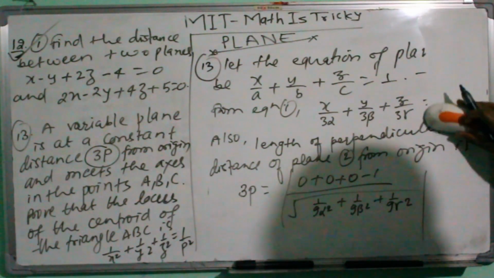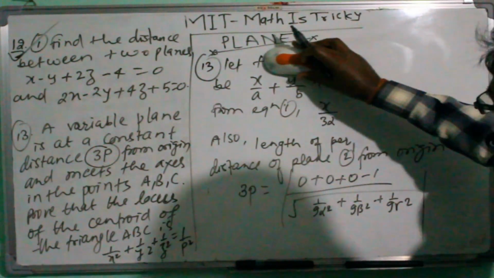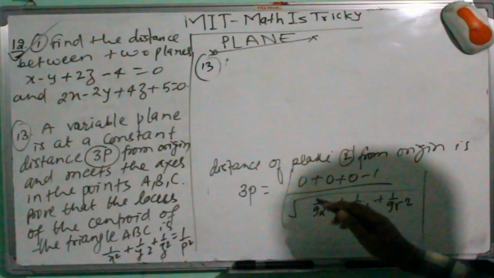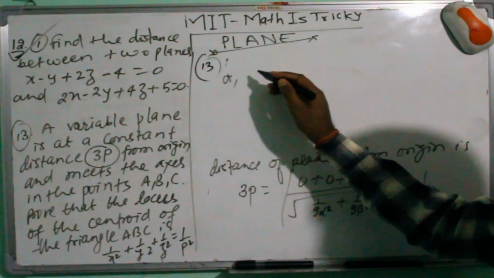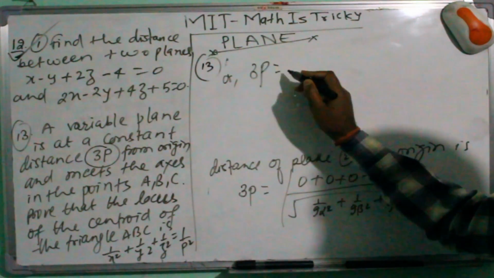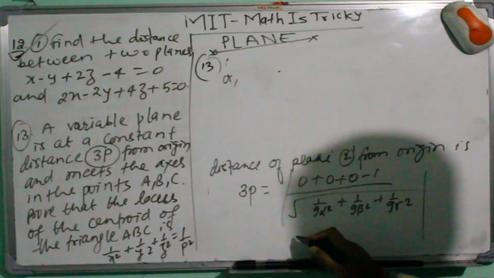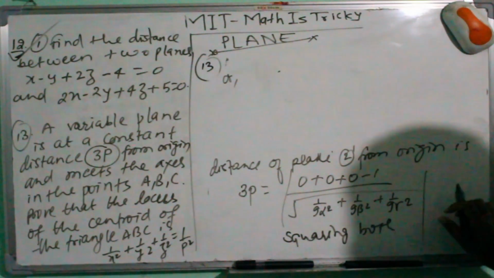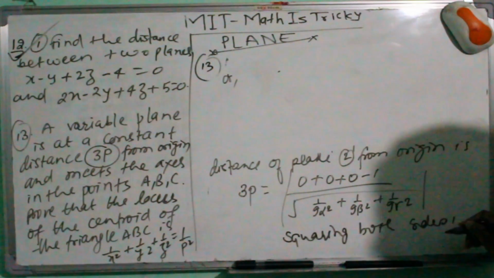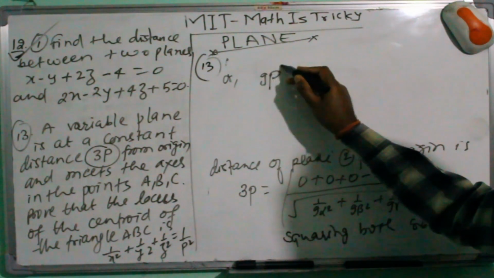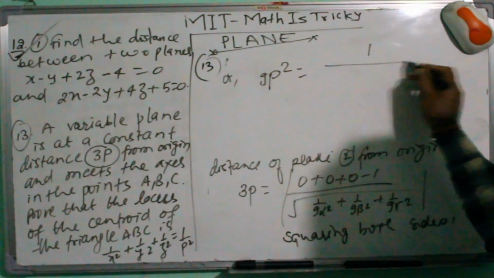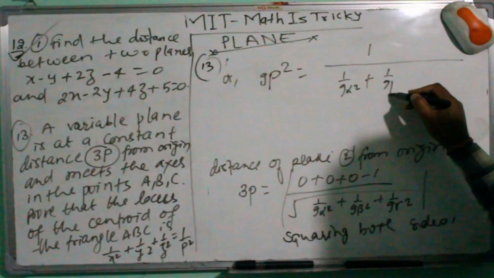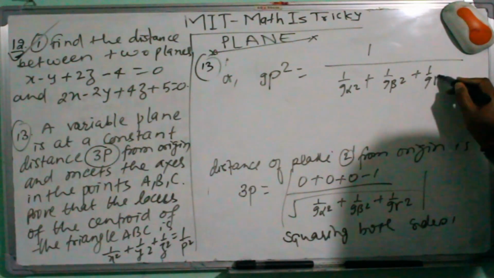Okay, so now let's simplify and then we'll get the answer. Squaring both sides, we get 9p square equals 1 by 9 alpha square plus 1 by 9 beta square plus 1 by 9 gamma square.